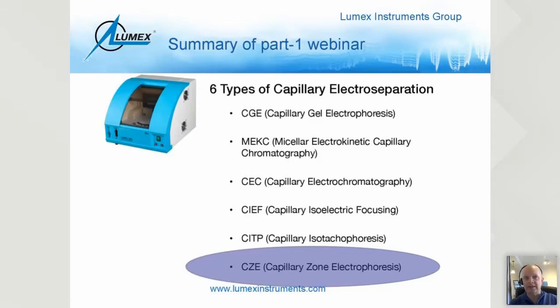It gives you a sense of pretty much all the theory around capillary electrophoresis, and that's why I wanted to jump into that specific electroseparation technique. You'll notice that the 5 others are listed there, and there's a reason why I list them there, and I'll actually mention that in my next slides.